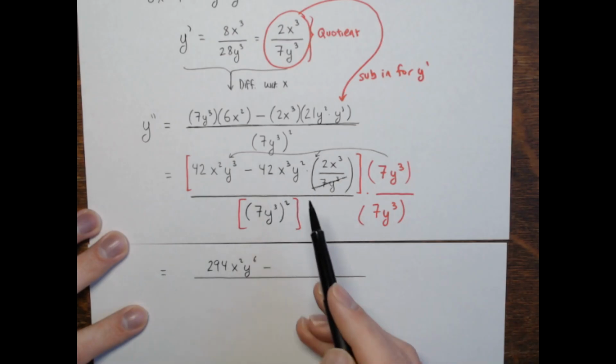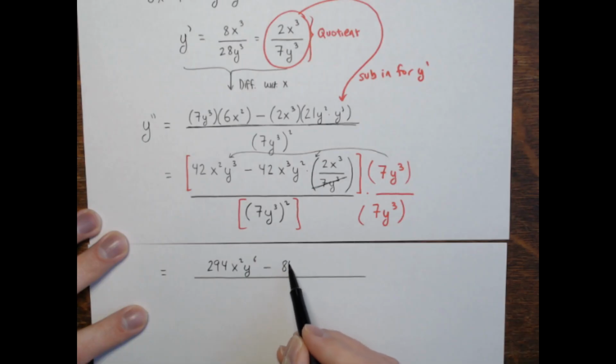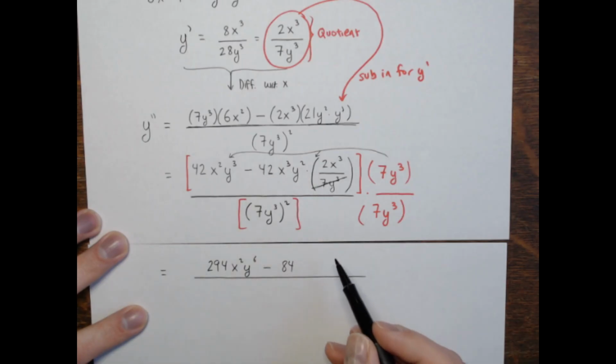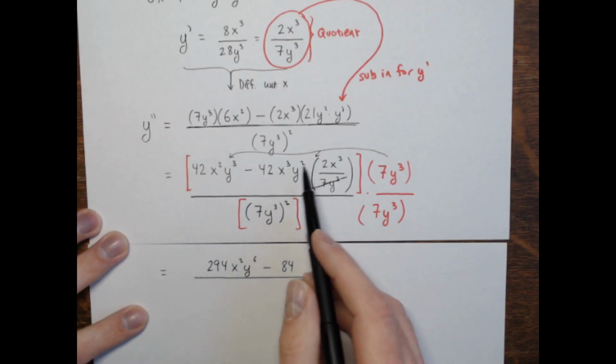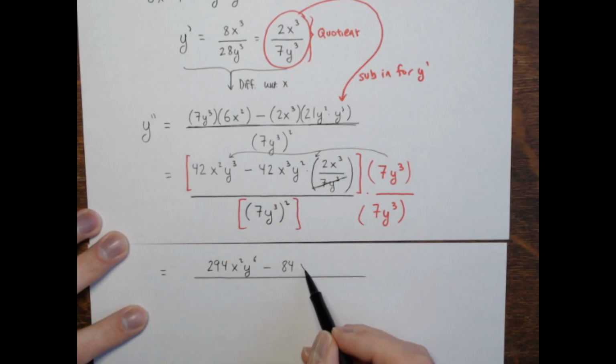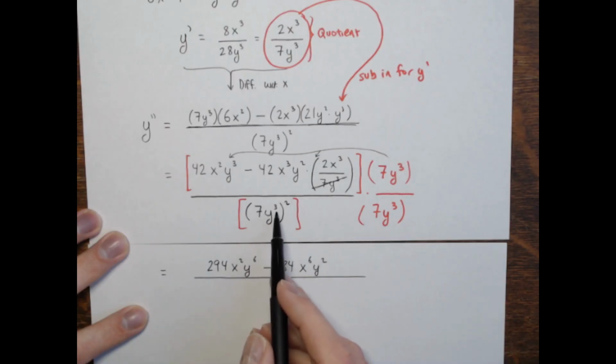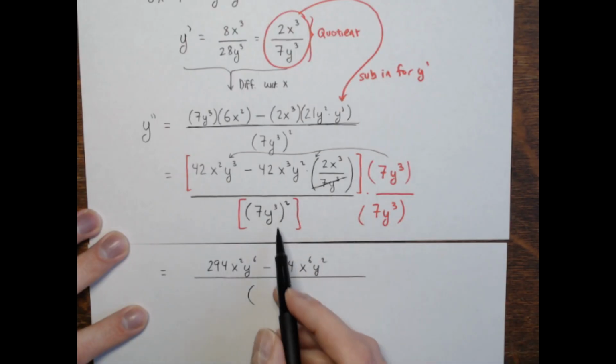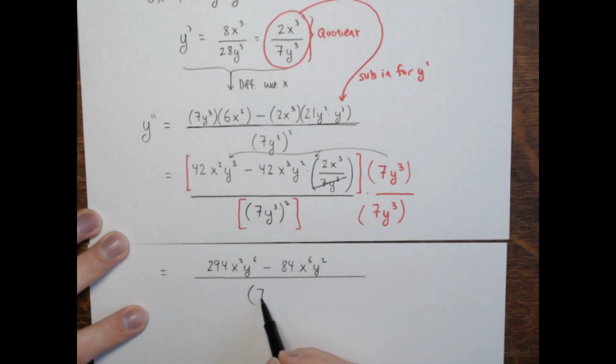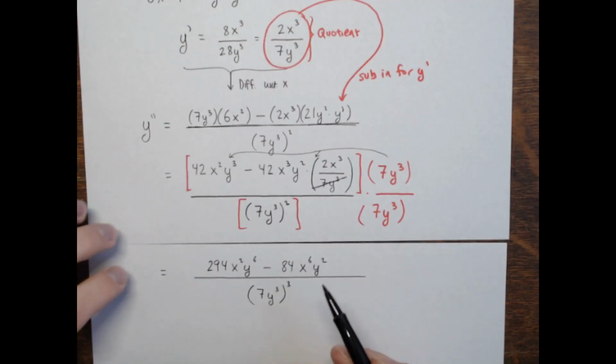So I'd have 84, 2 times 42, 84 x to the sixth y squared, and then divided by, and then down here you have 7y cubed squared times another 7y cubed, so the quantity 7y cubed, cubed.